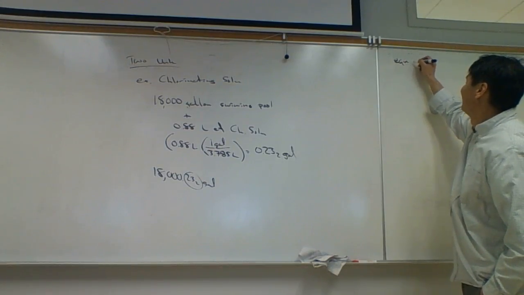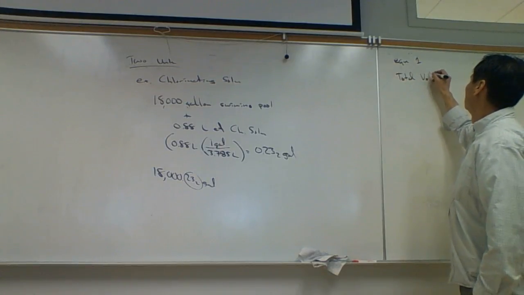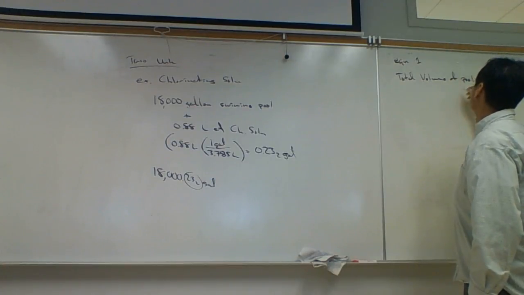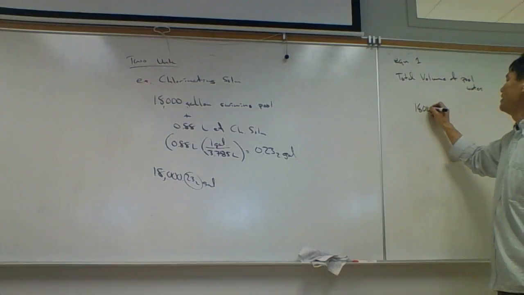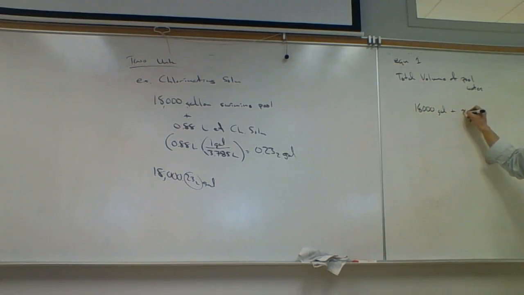Equation 1, the total volume of pool is going to be the 18,000 gallons already present, plus I don't know how many gallons from the chlorinating solution.